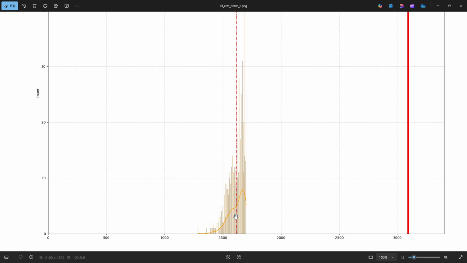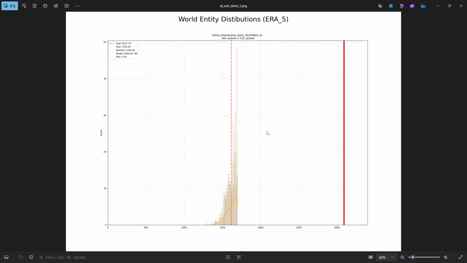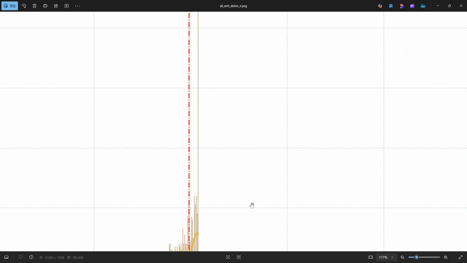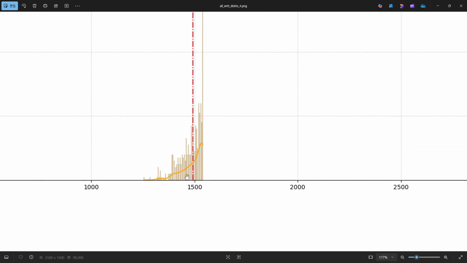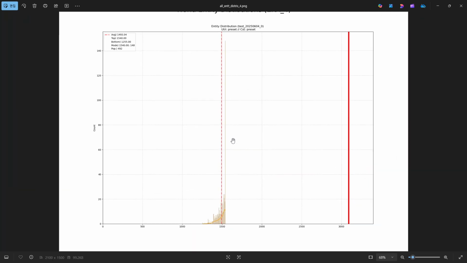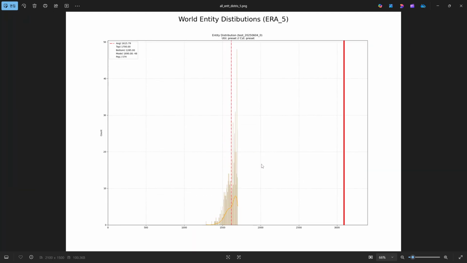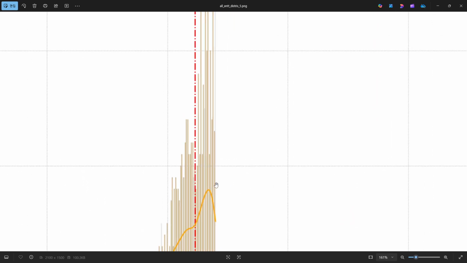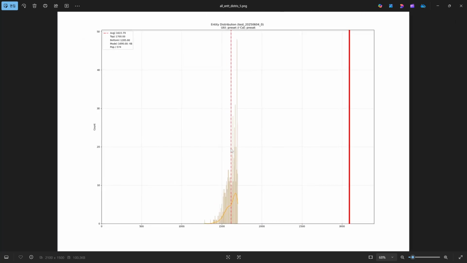Compared to this, where there's almost no right half, because everything just converged to the true ceiling, we start getting more of the right half.